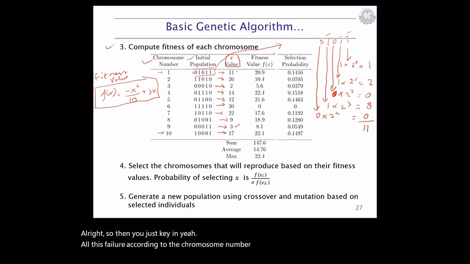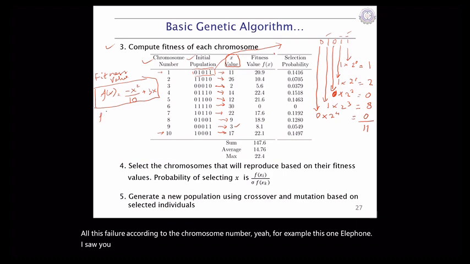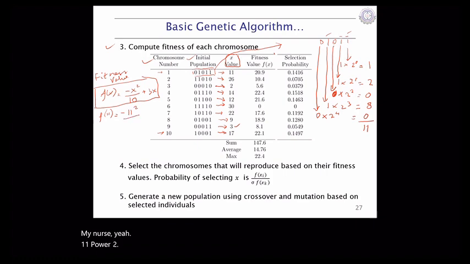For example, this one, 11. So you just put f(11) equal to minus 11 power 2 over 10 plus 3 times 11.